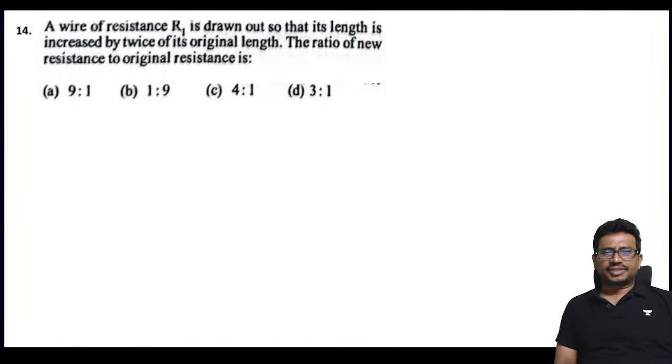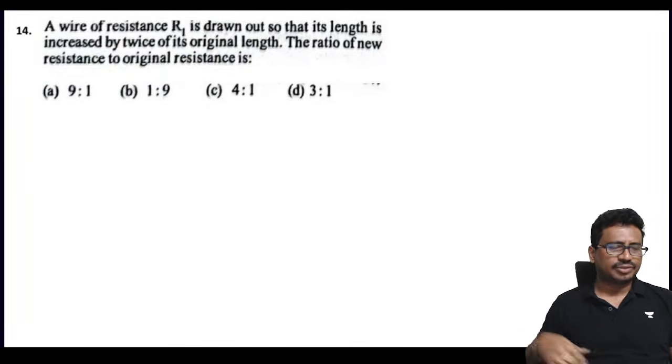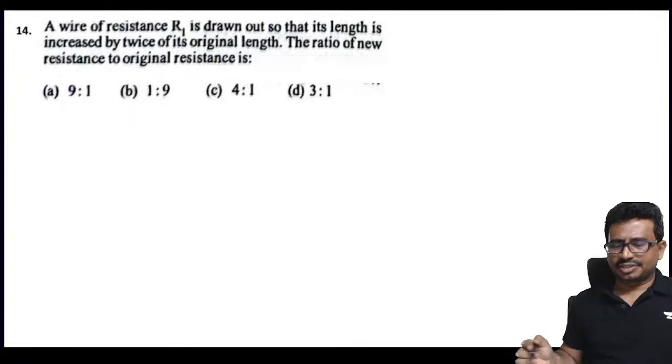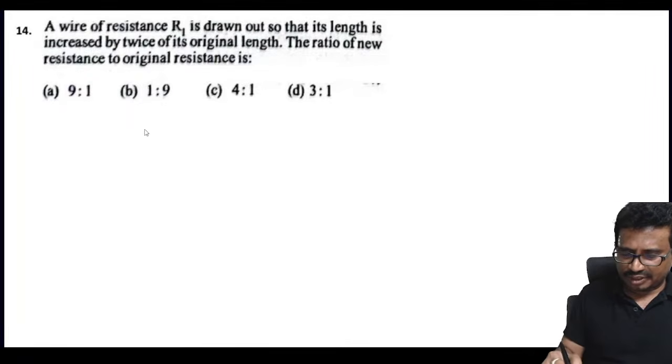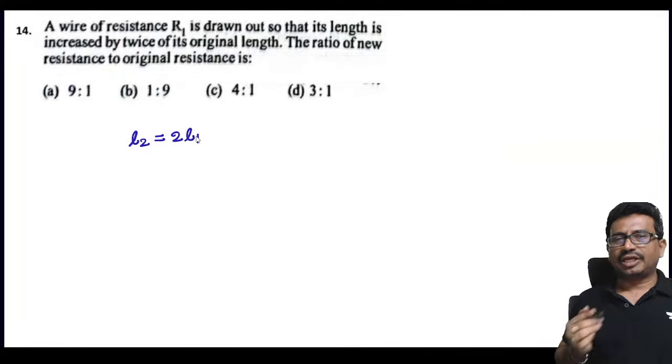A wire of resistance R1 is drawn out so that its length is increased by twice its original length. The ratio of new resistance to original resistance is asked. L2 is given as twice the L1.